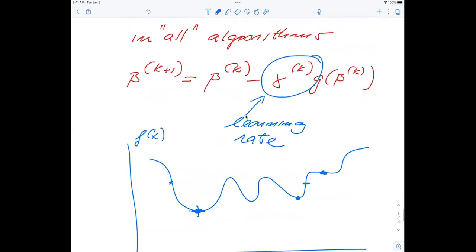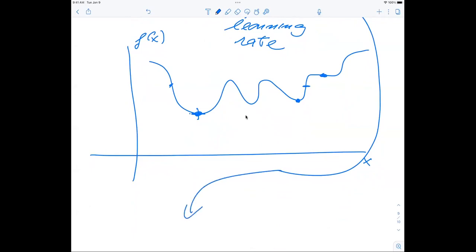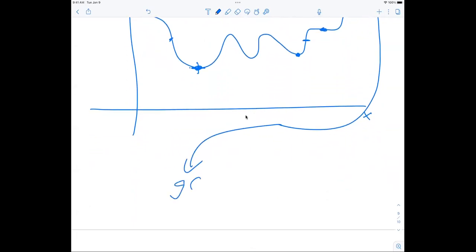So let me just summarize. One problem is the calculation of the second derivative. The other one is the calculation of the gradient itself, particularly if we have lots of data. So I'm going to put some arrows here. For the gradient, G of beta of K, this is going to lead to different methods, but one of the most popular ones is stochastic gradient descent.